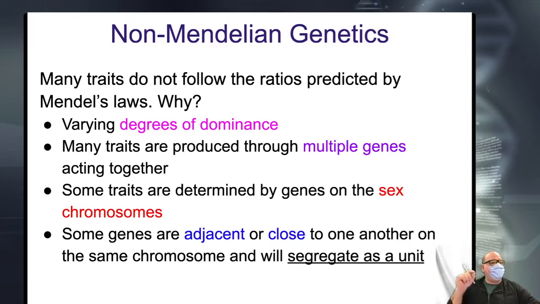So some traits are inherited very closely together. And we'll look at some math on how to figure out how that works today.